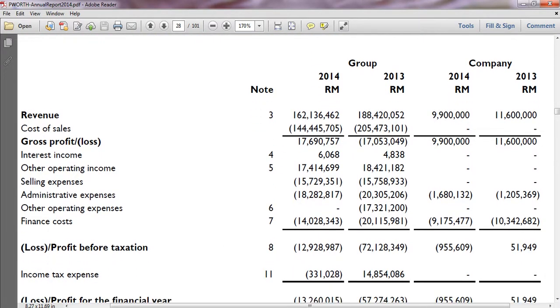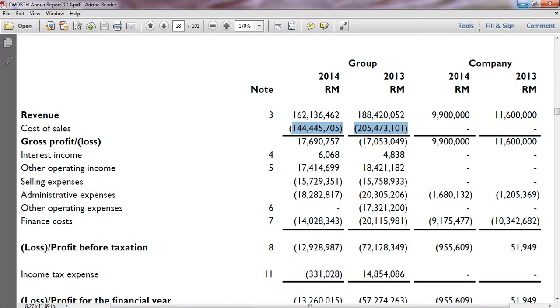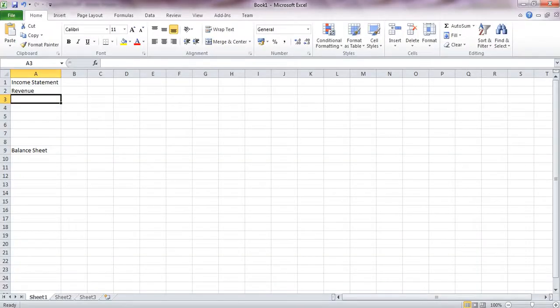See revenues over here, cost of sales, quite a lot over here. Basically I'm very concerned about revenue. So the first thing I'm going to record is revenue. If there's a decrease in revenue, you need to watch out.